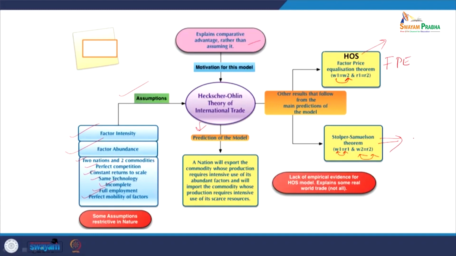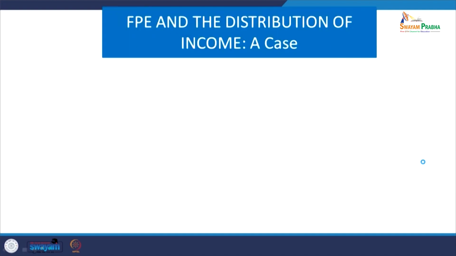They tested that this will follow a one price framework, whether product or factor. But there is a lack of evidence for the HOS model, especially for this one price framework. We will try to verify this with some examples. Let us go for it.